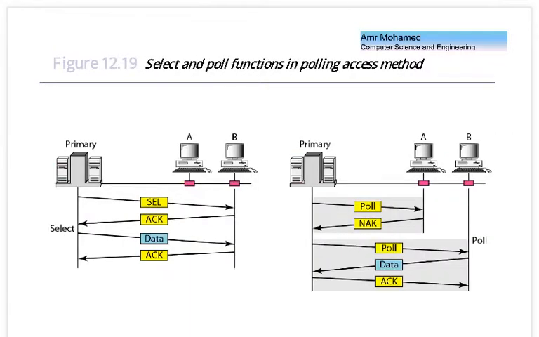The other mechanism is what we call polling. In polling, we definitely have a centralized node. We have to have a centralized node, which in the meeting example represents a coordinator, okay, who controls who accesses the channel or who receives the data. So in the polling mechanism, we have a primary node.